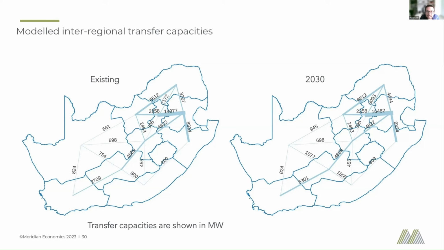And we do use links then, and it can either be a lossless link. If you assume a lossless link, then you can have a single link between different regions. But if you want to apply some kind of losses relative to distance, then you need to represent it as two one-directional links, because a link in PyPSA can't take an efficiency loss and be bidirectional.